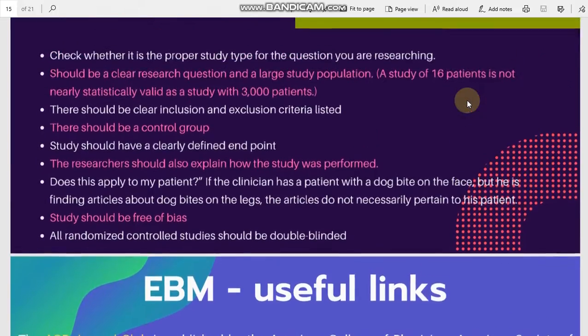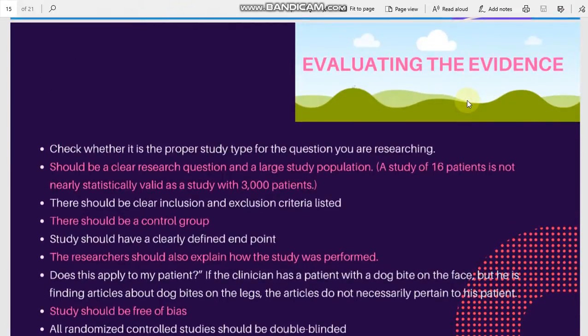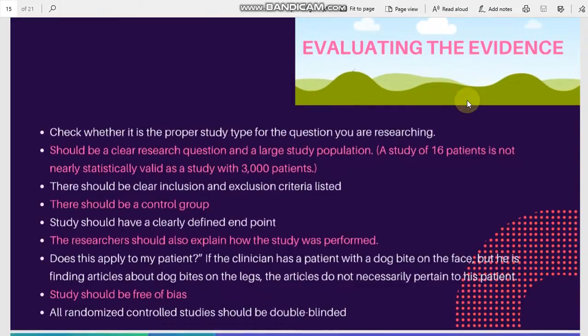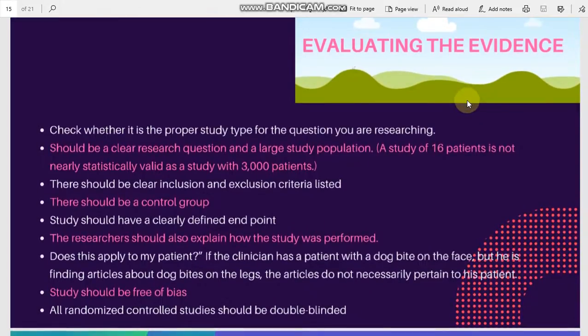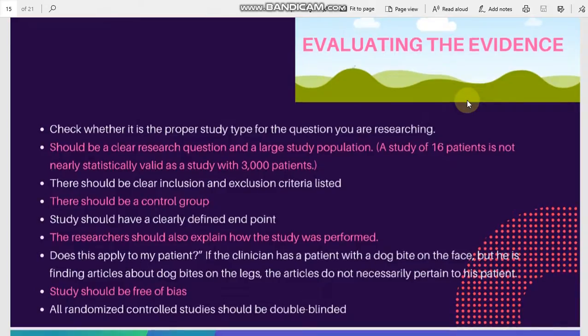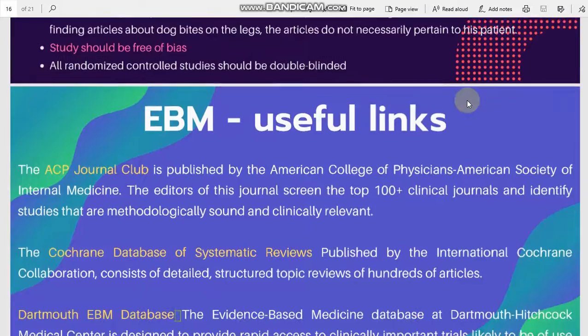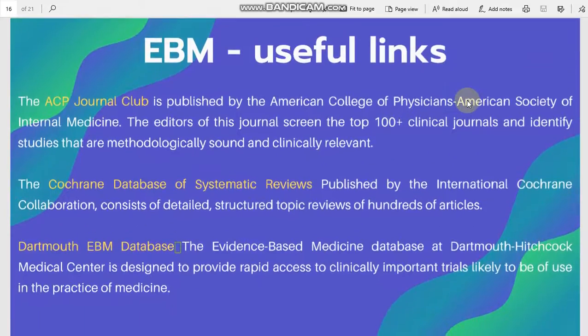Once you evaluate and get appropriate evidence, you can source the information from primary, secondary and tertiary references. So where can you get this information? I have listed some useful links, evidence based medicine useful links, so that you can get suitable information for queries asked by different inquirers.